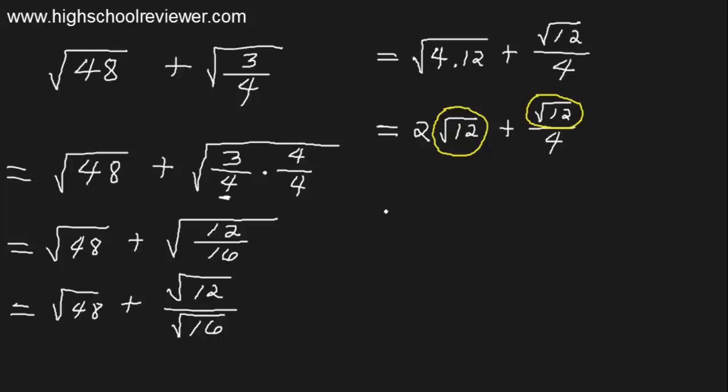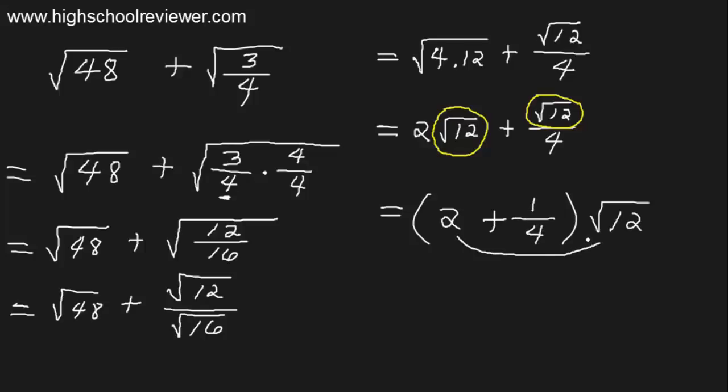So factoring, we will have square root of 12 on the outside. So what will be left here will only be 2 plus what will be left here will be 1 over 4. So to check, we have 2 times square root of 12, that will be 2 square root of 12, and 1/4 times square root of 12, that will be square root of 12 all over 4.